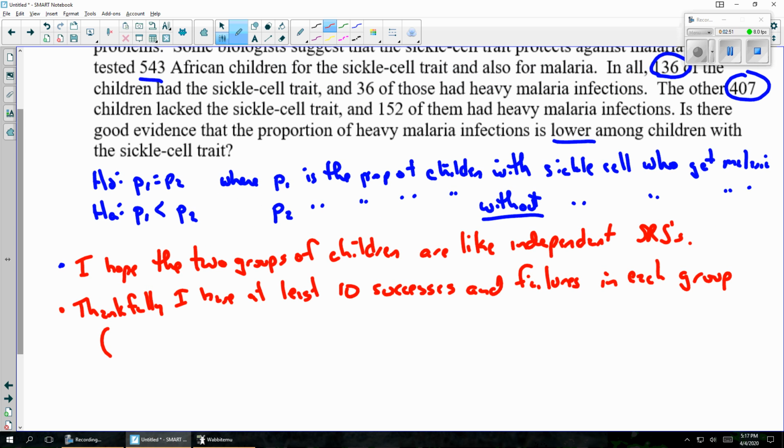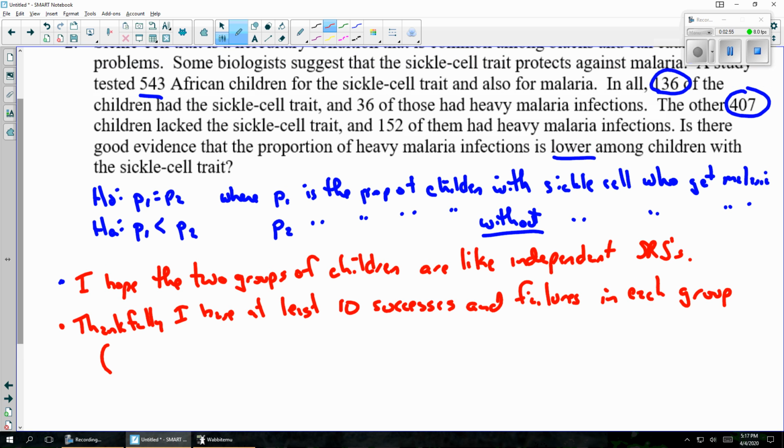So for the first group, the children with sickle cell, I've got 36 successes, 36 and 100 failures for sickle cell children.